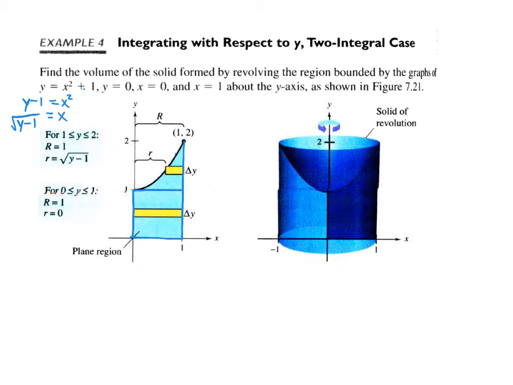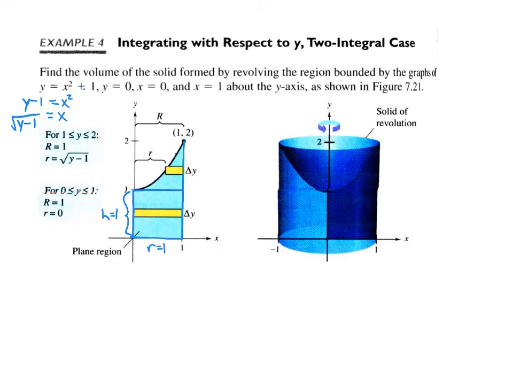Now, if you want, you could just use the formula for the volume of a cylinder. Okay? The radius of that cylinder is going to be 1. Right? And the height is also 1. Okay?